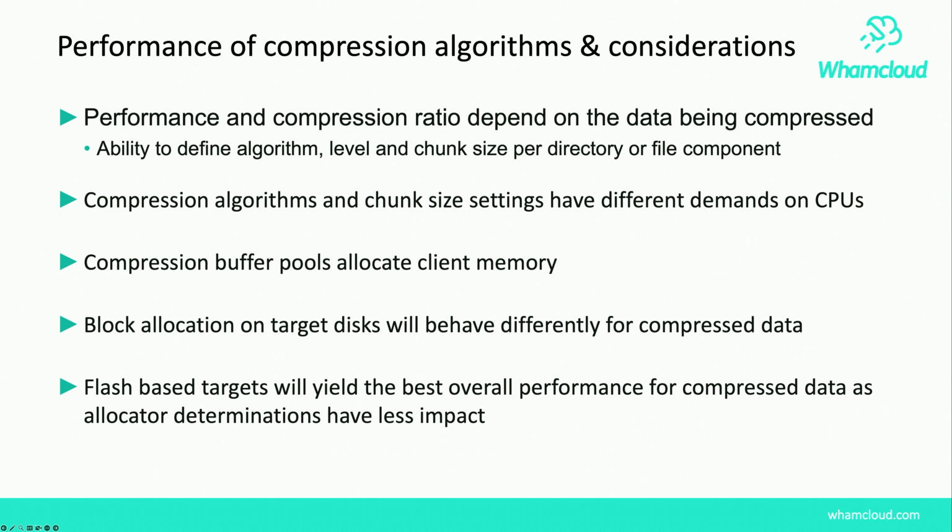Based on all of that, though, of course, flash-based disks will yield the best overall performance for this, and generally that's the overall target for a feature like this, where you can create those chunk sizes in the erase block size for those flash disks, reduces wear on the disks, as well as providing potential optimum read-write characteristics for them.